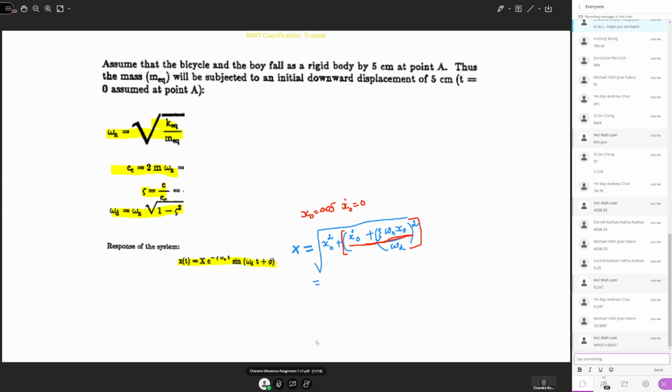So you need to take x naught dot plus eta omega n x naught, the whole square, over omega d. So this is the whole square. Is that clear, Eva?